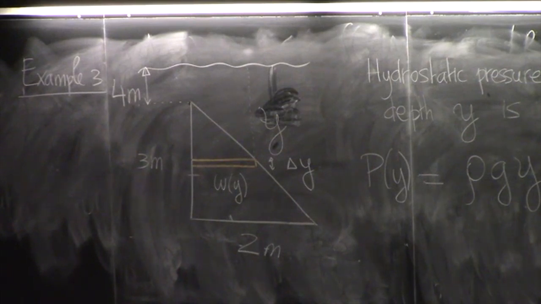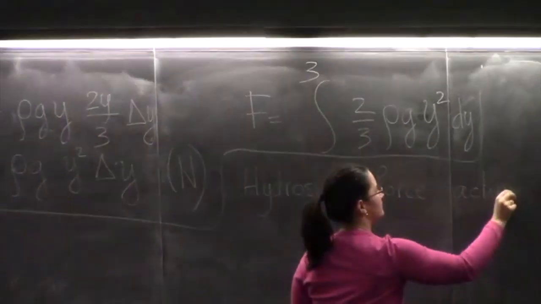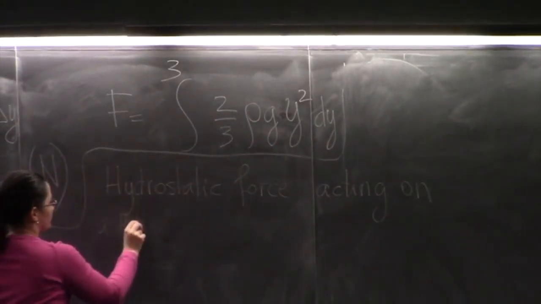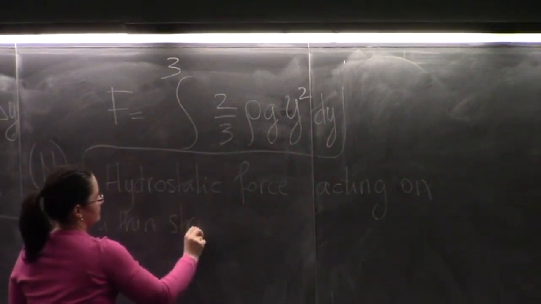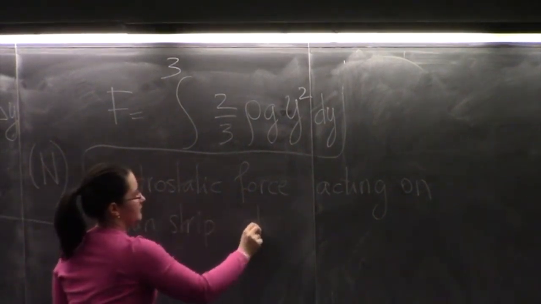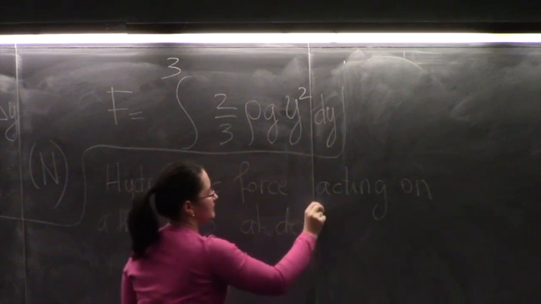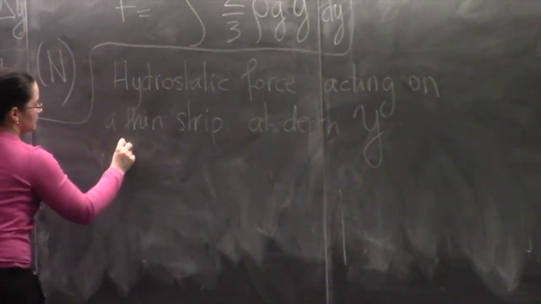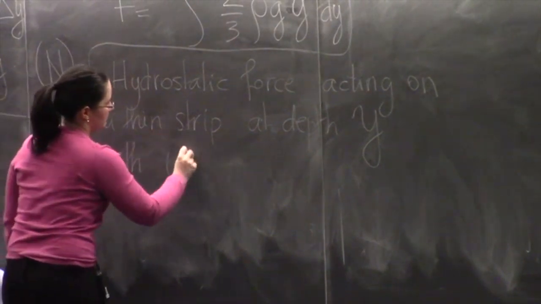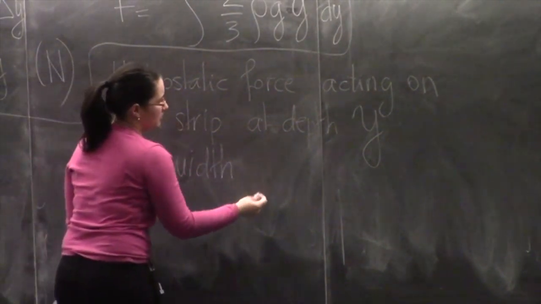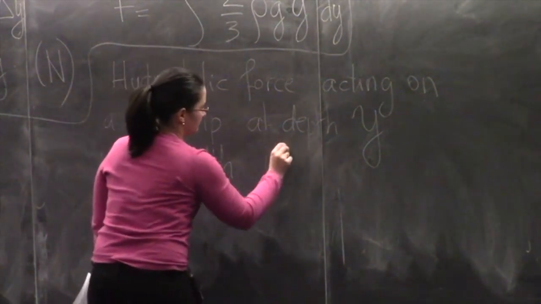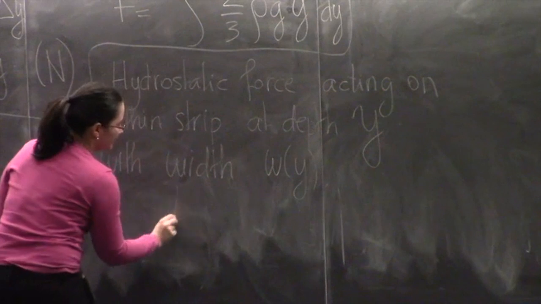So we've got the hydrostatic force acting on a thin strip as before. The thin strip is located at depth y with width w of y and height delta y.